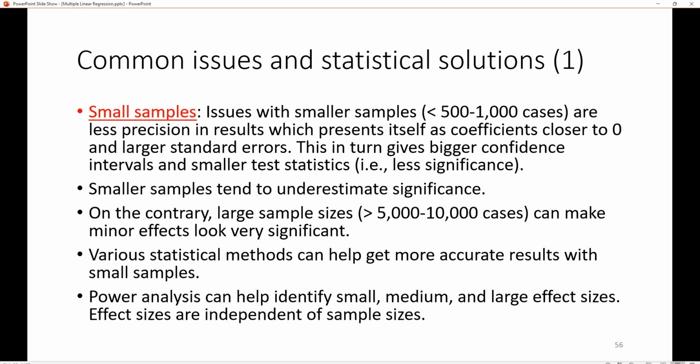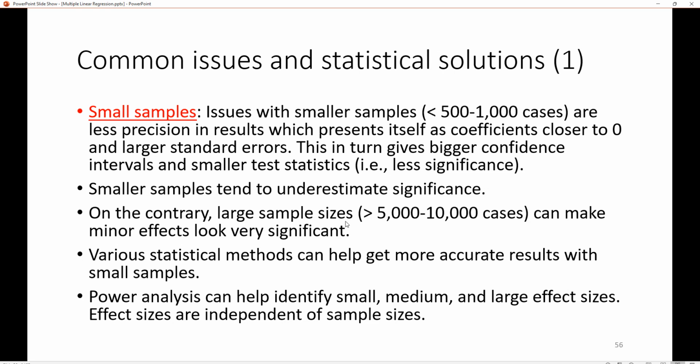That's to determine if we're actually seeing something, and that we're correct in saying that something is there when it actually is there. This in turn gives us bigger confidence intervals and smaller test statistics. So in other words, we get less significance. Smaller samples tend to underestimate significance.